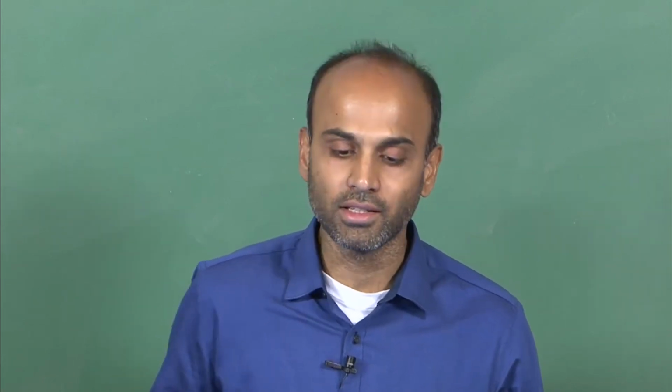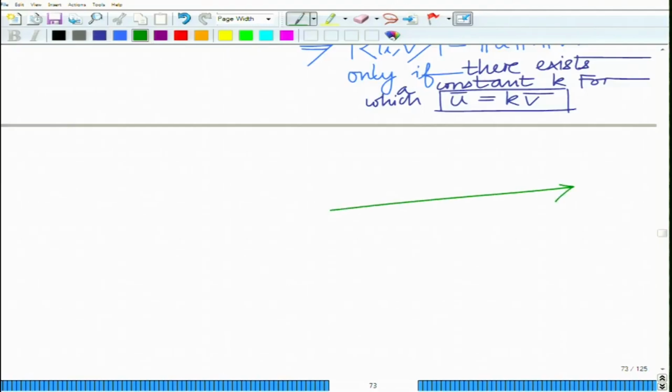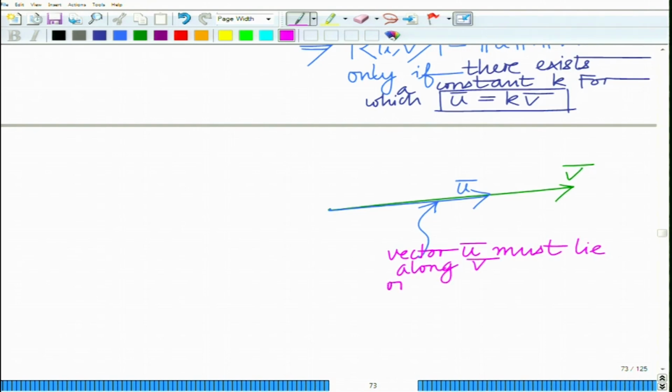What this means basically is that if we have a vector v bar, then the vector u bar must be k times v bar, which means that the vector u bar must also lie along v bar, or u bar is simply a scaled version of v bar.